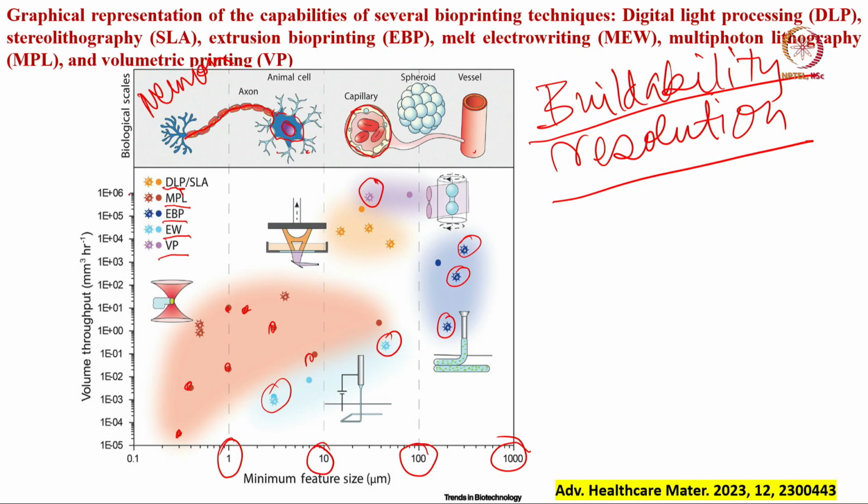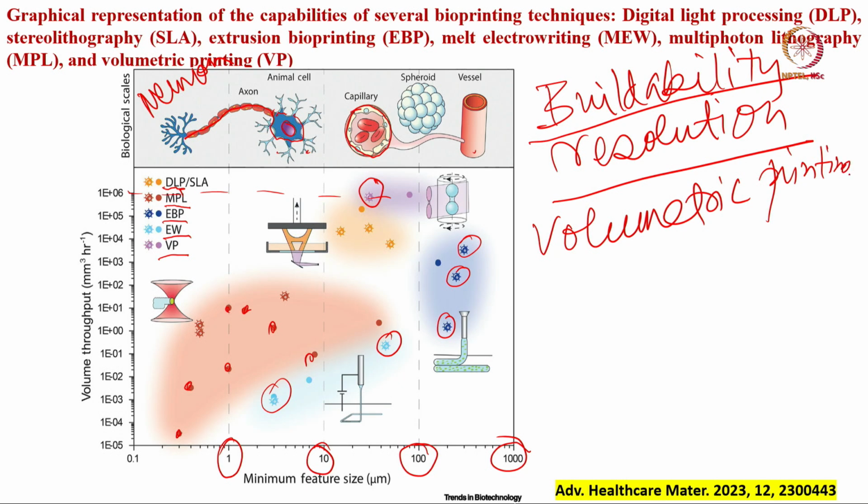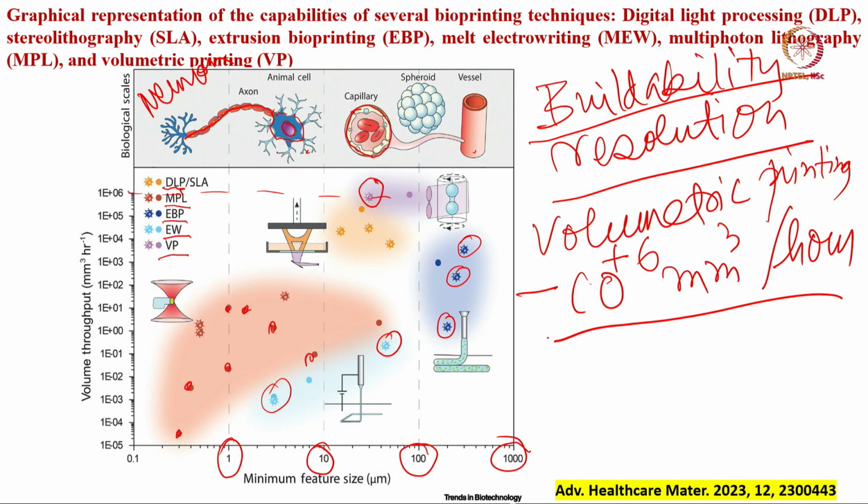As the name suggests, volumetric printing allows something like 10 to the power 6 millimeter cube per hour. That is the rate at which this technique has the ability to produce structures, which is a lot actually.